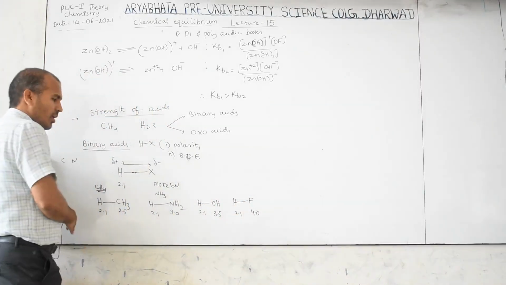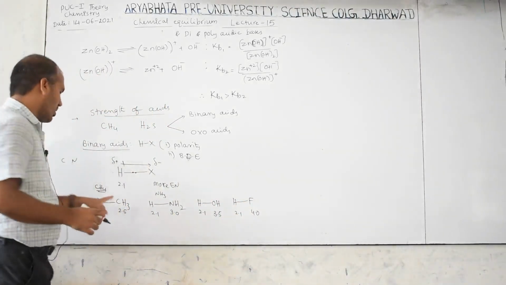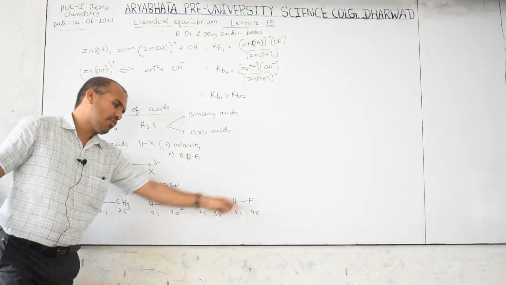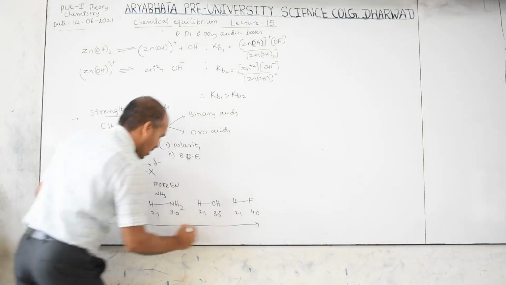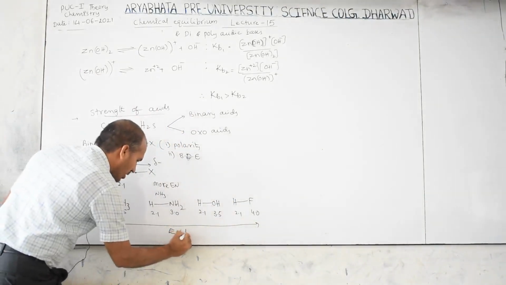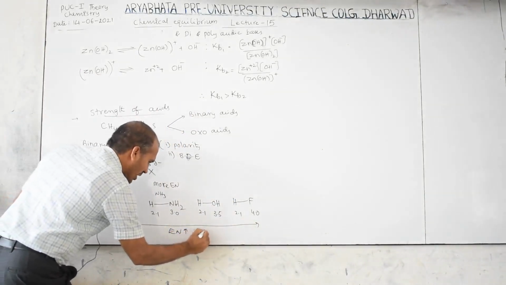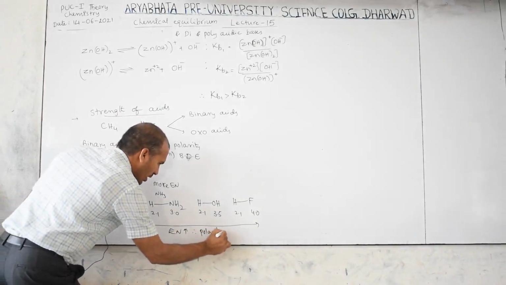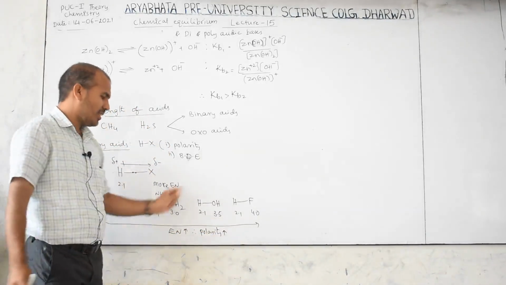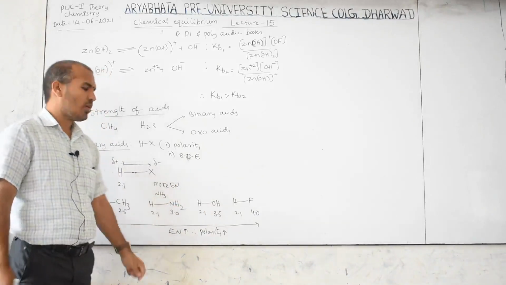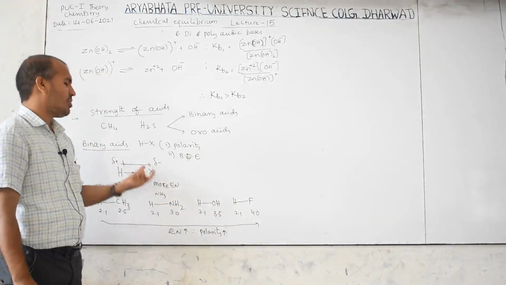Then what happened here? Going from carbon, nitrogen, oxygen to fluorine, electronegativity increases, therefore polarity increases. When polarity increases, the bond will easily break down and give H plus.